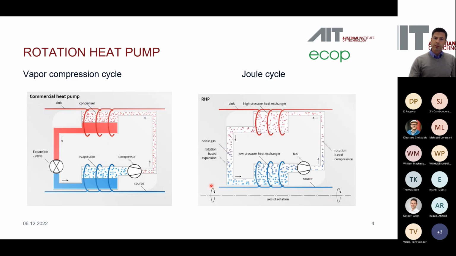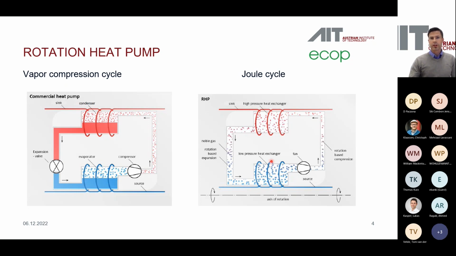So when we are near the rotation axis, there is a low pressure, and the farther away we go, the higher is the pressure. So the noble gas inside, this is the refrigerant here, has a higher pressure at the outside of the rotor, and also a higher temperature, where we can have the heat sink again, and on the inside there is the heat source.